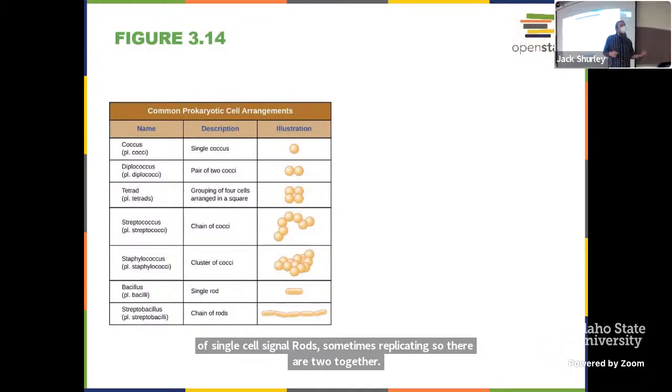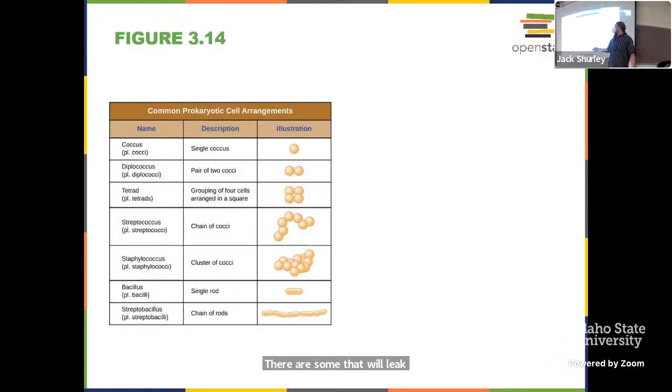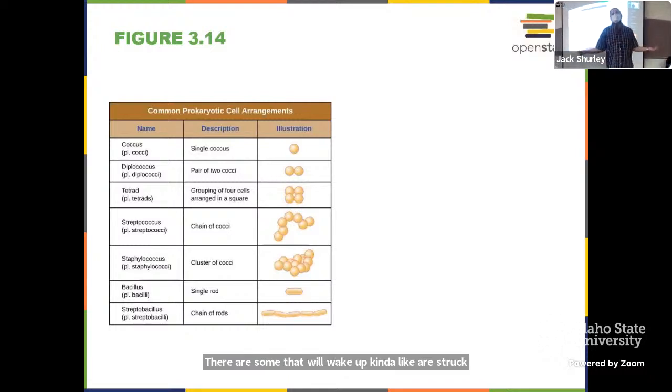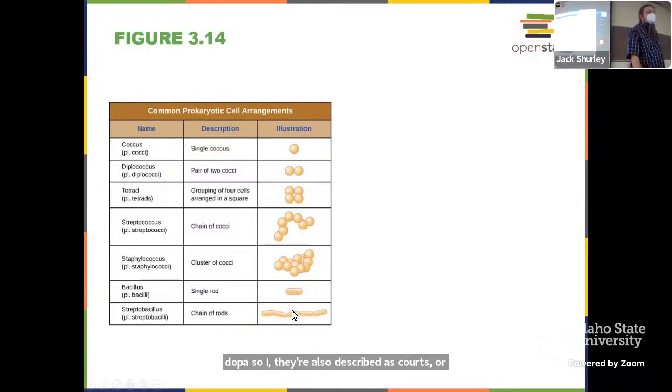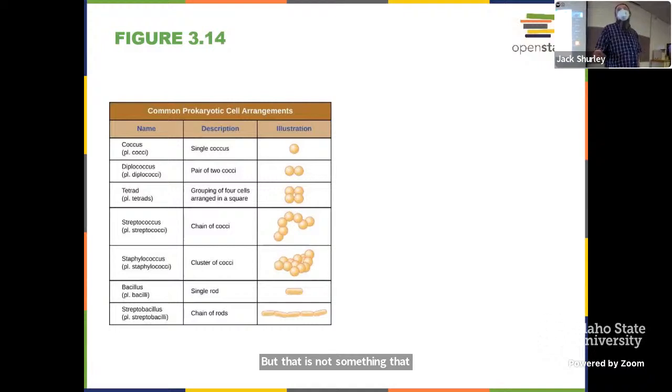There are some that will link up kind of like our streptos up here in big long chains, and we call that streptobacilli. They're also described as cords or chains. But that is not something that is super diagnostic, all right?